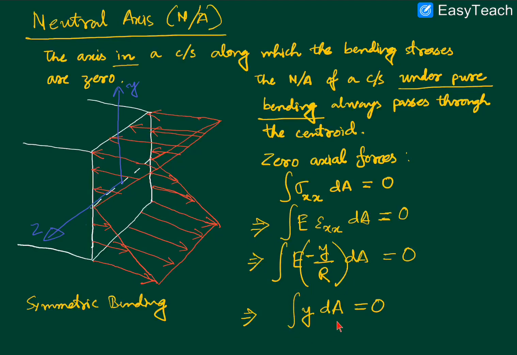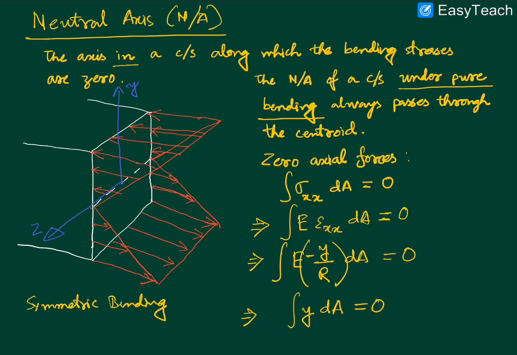Now, one may question, how does this show that the neutral axis is passing through the centroid? Well, referring to this diagram, the y is being calculated referred to the z-axis. So the y coordinate is the y coordinate of any point which is here. So this is the direction y.